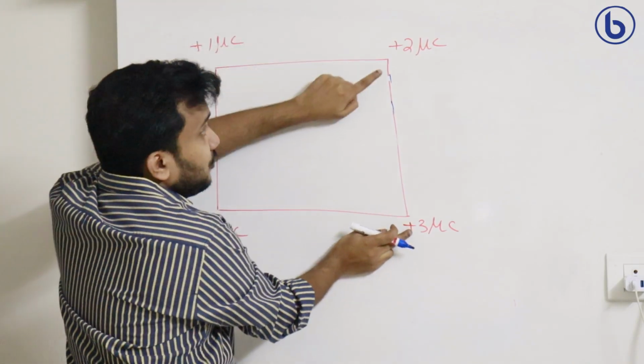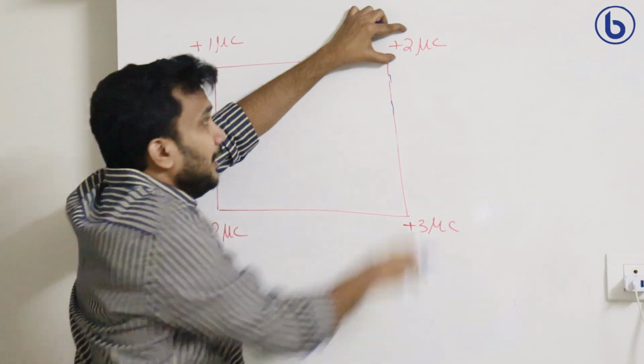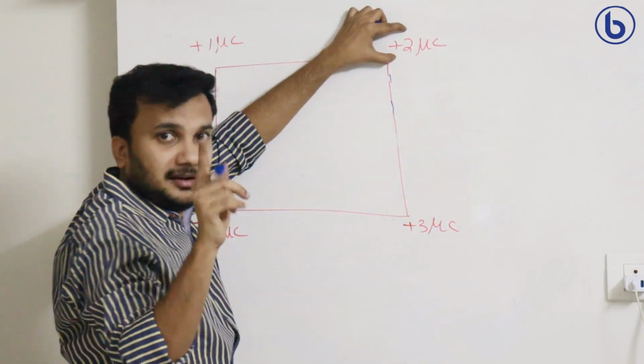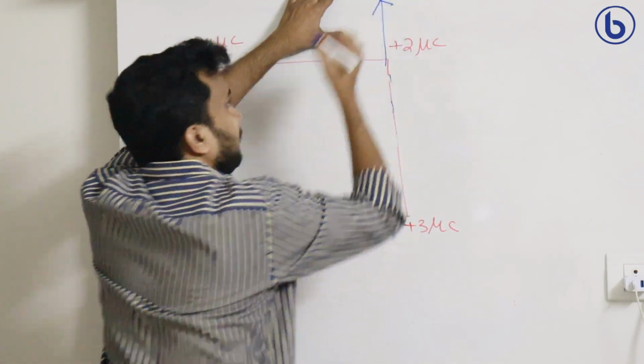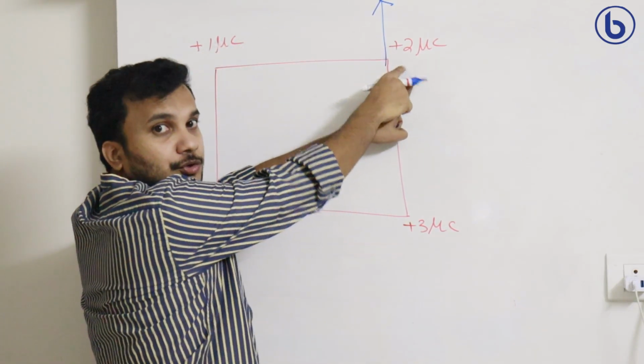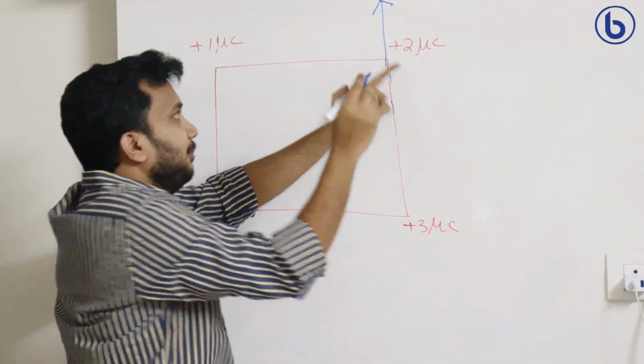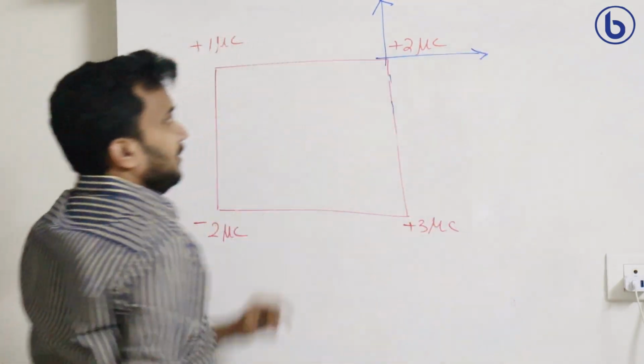Because of 3, what will happen to 2? 2 will attract or repel, correct? 2 will repel like this. Because of this one, what will happen to this 2? Will 2 attract towards 1 or repel from 1? Repel. So 2 will move like this.